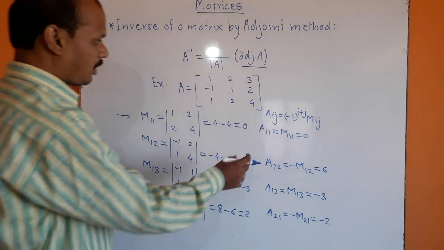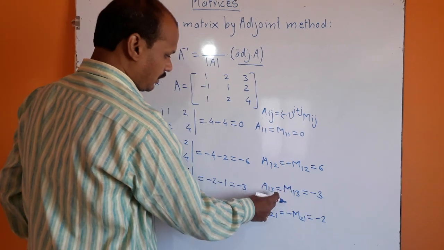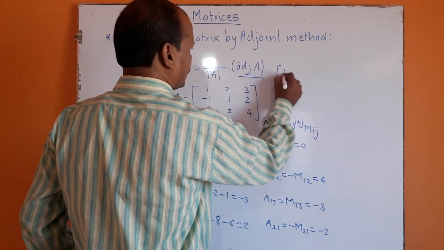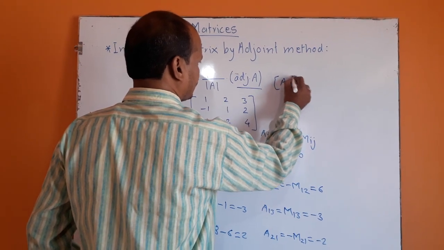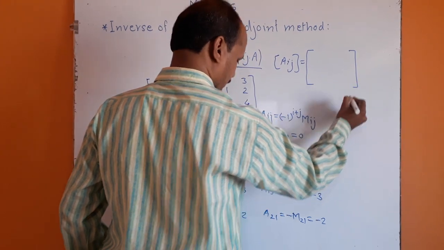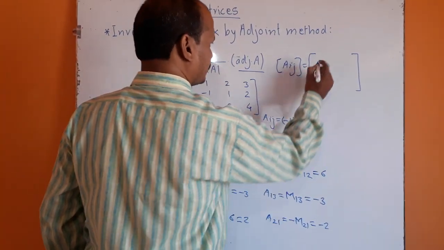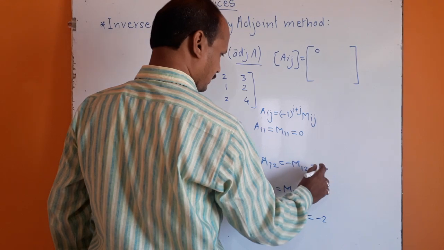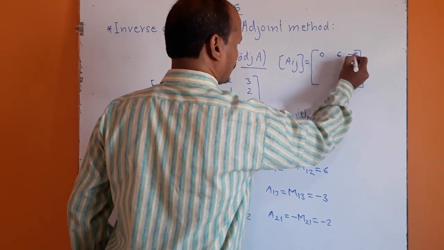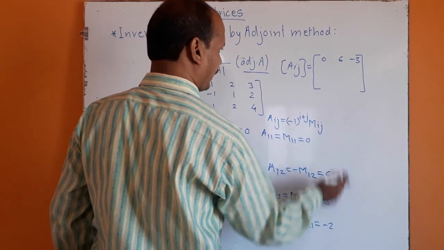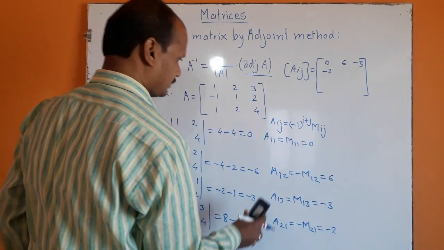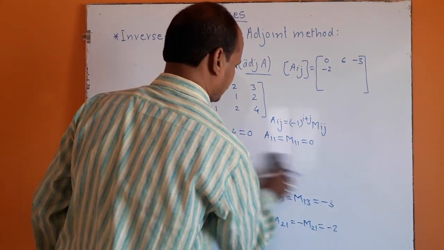We write the values of A11, A12, A13, A21 here in the matrix: Aij with first row 0, 6, minus 3, and second row starting with minus 2.